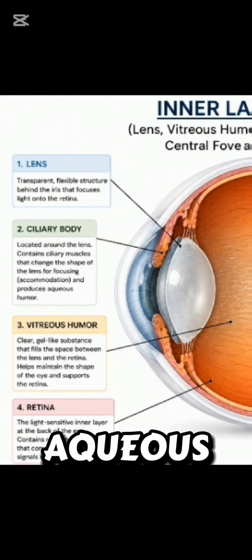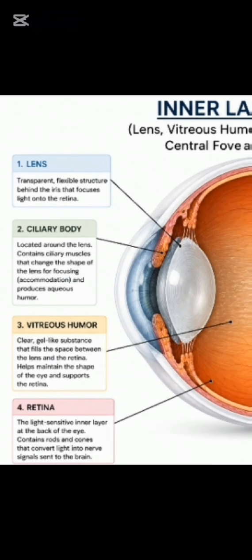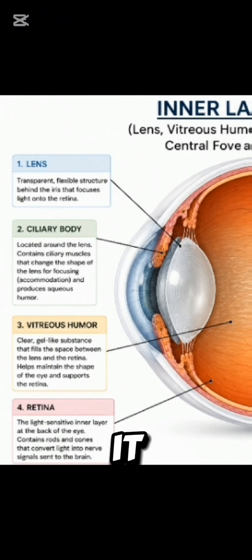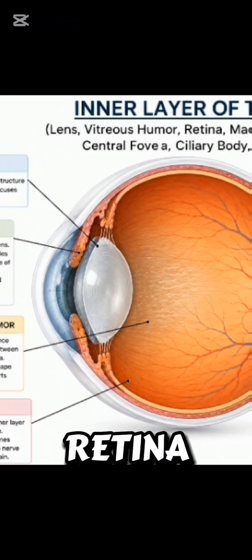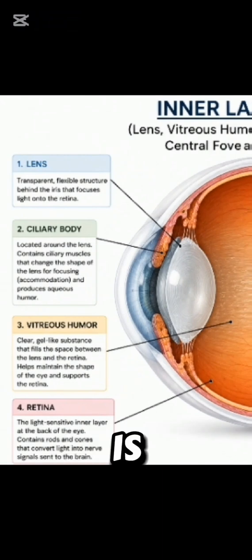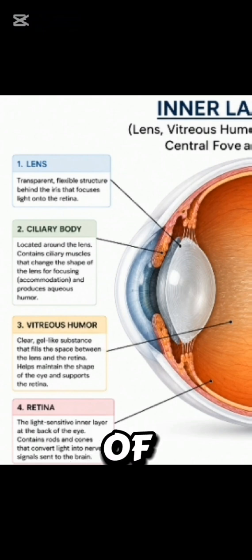The vitreous humor is a clear gel-like structure that fills the space between the lens and the retina. It helps maintain the shape of the eye and supports the retina. The retina is the light-sensitive inner layer at the back of the eye.